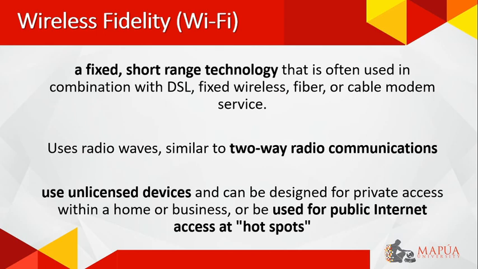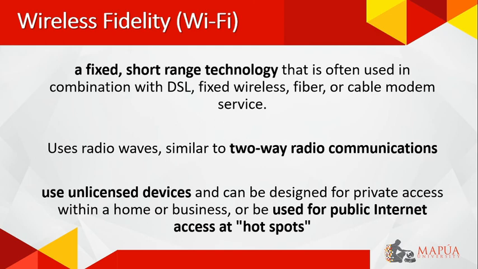It is a fixed short-range technology that is often used in combination with DSL, fixed wireless, fiber, or cable modem service. It uses radio waves similar to two-way radio communications and uses unlicensed devices, and can be designed for private access within a home or business or be used for public internet access at hotspots, such as restaurants, coffee shops, hotels, airports, convention centers, and city parks.